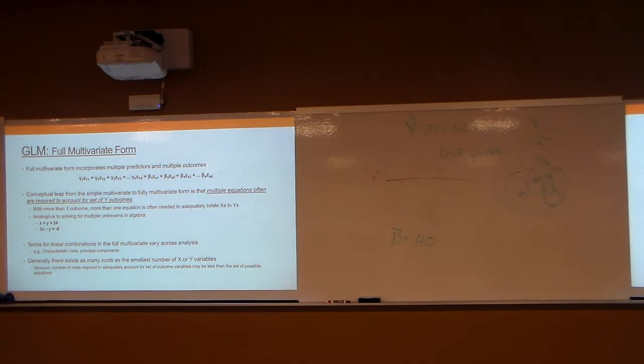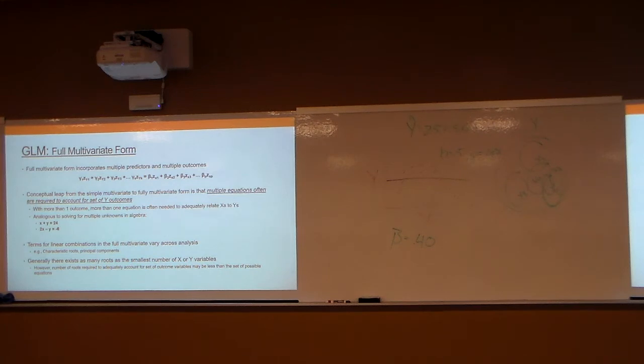So we got 5 IVs, 3 DVs. Number of roots is the smallest number of x and y variables. So we got 3 there, so we got 3 roots, okay? So that's the max number, but we don't necessarily need 3 linear equations to capture that. Sometimes we can do it with less, but 3 is going to be the most.